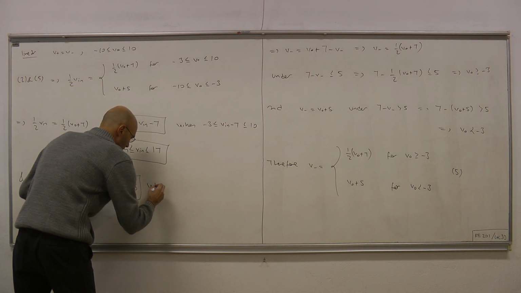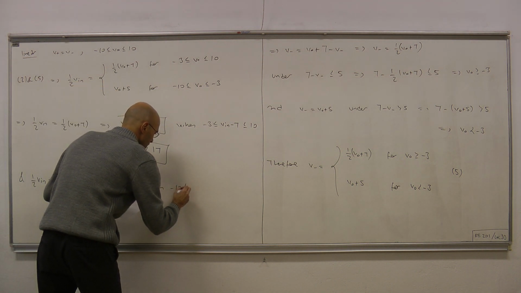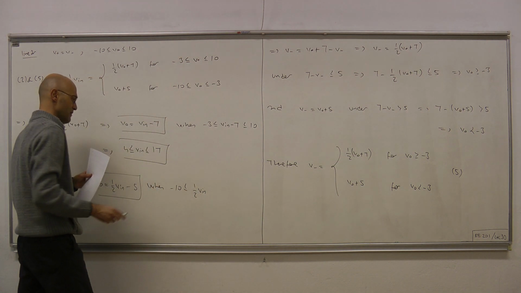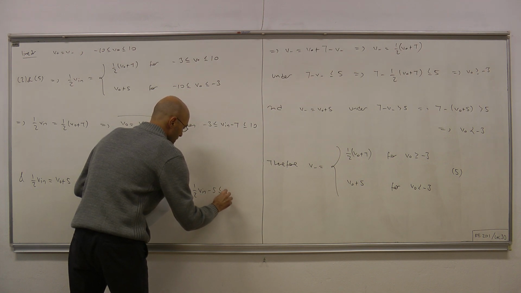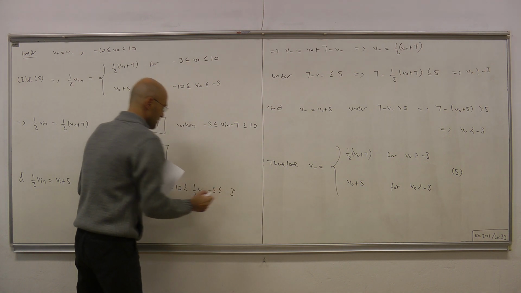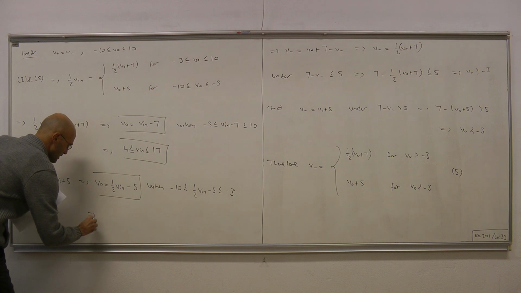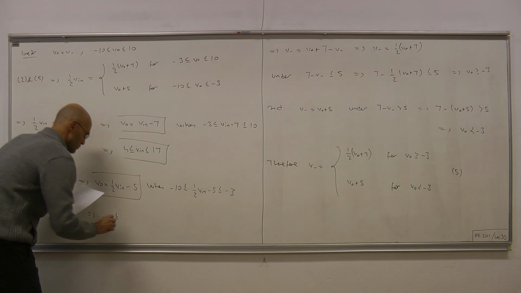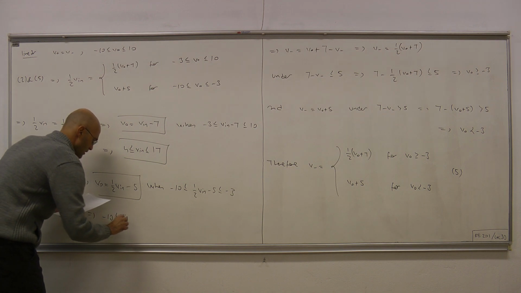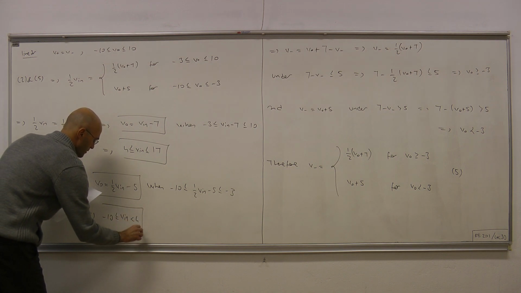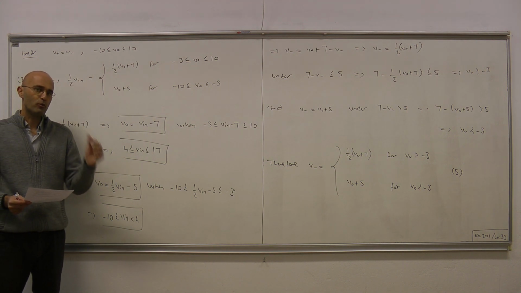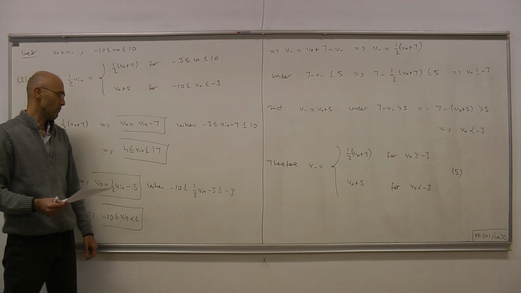Okay, when minus 10 less than or equal to V out, which is 1/2 V in minus 5, less than or equal to minus 3. And that simplifies to minus 10 less than or equal to V in less than 4. Okay. So in the linear region, there are two operating modes depending on whether the diode is on or off.